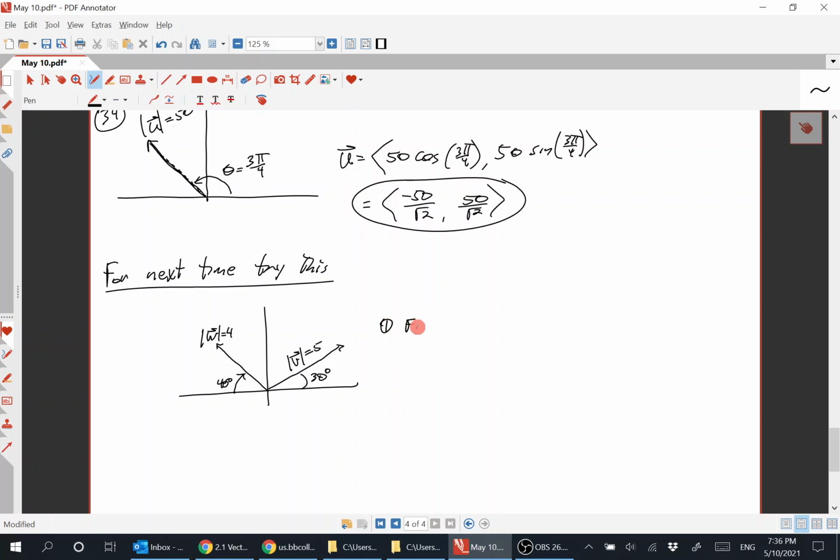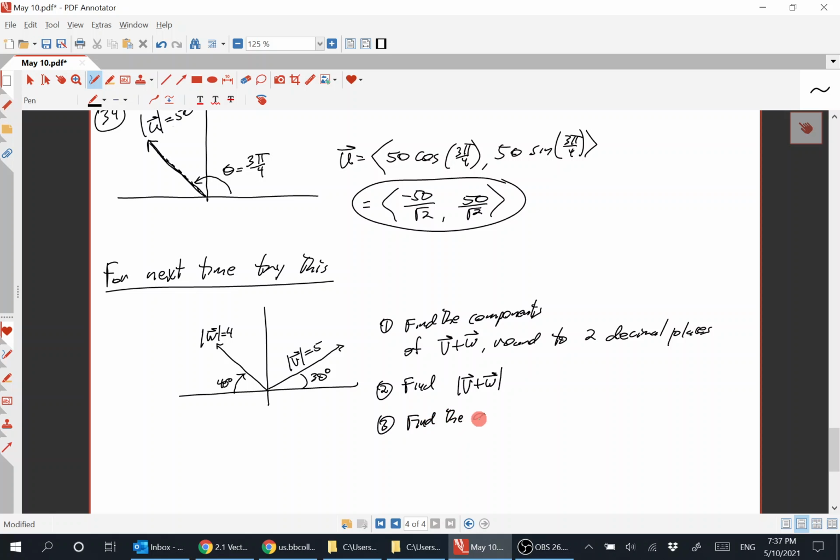Find the components of V plus W, round to 2 decimal places. 3.